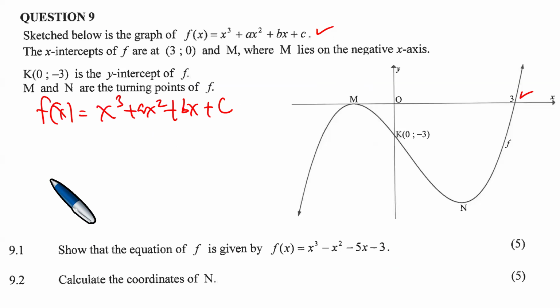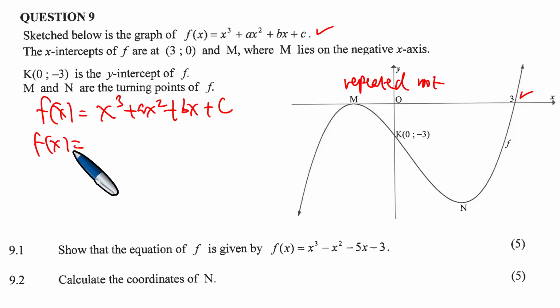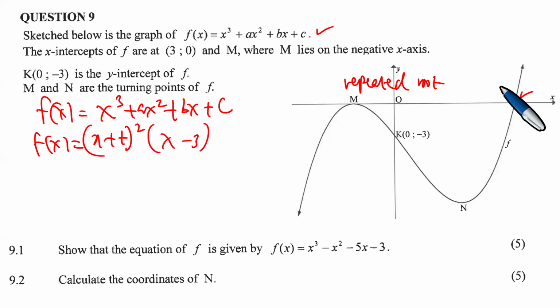Now, if the graph is given this way, it means a couple of things. It means that you would have a repeated root at this point, which means you have f of x equals x plus t, you square it, open bracket x minus 3 to account for this.